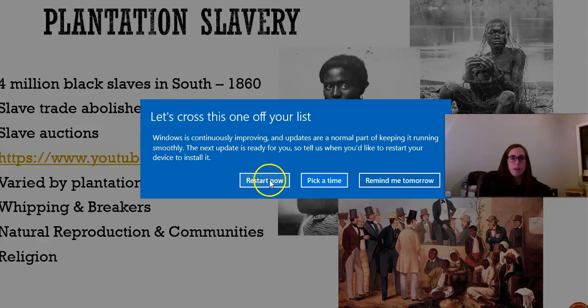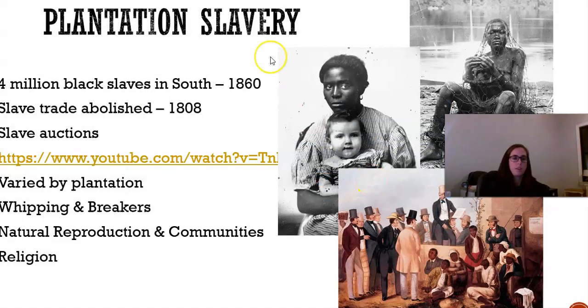Religion became a huge part of plantation life for many slaves, and we're going to talk about this after emancipation as well. But it became a unique mix of this Christianity from America, combined with some African elements.